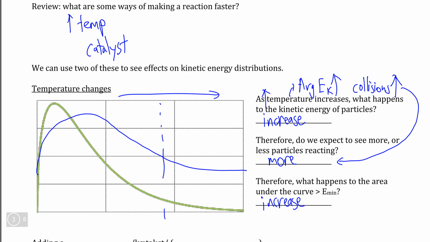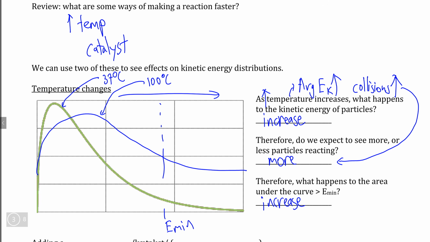And if we plotted that E min was here, we can see that before the temperature change, let's designate this curve to represent the temperature of 37 degrees Celsius, and maybe we've increased this temperature significantly. Let's say that we've increased it to 100 degrees Celsius.